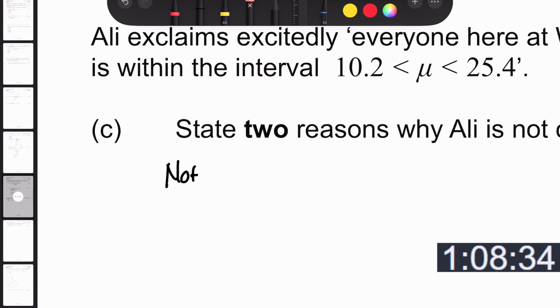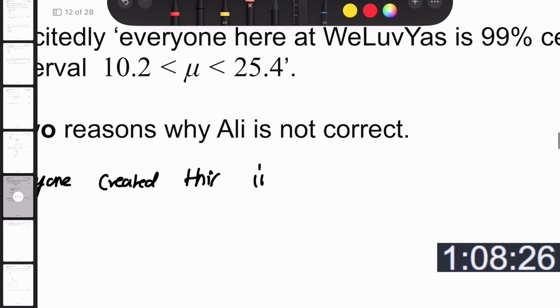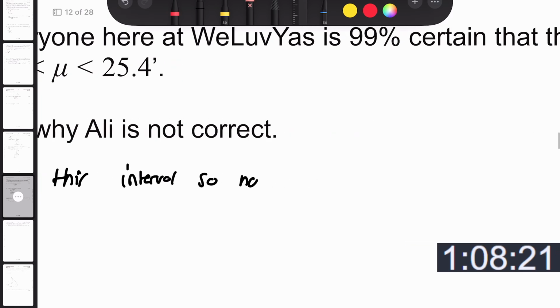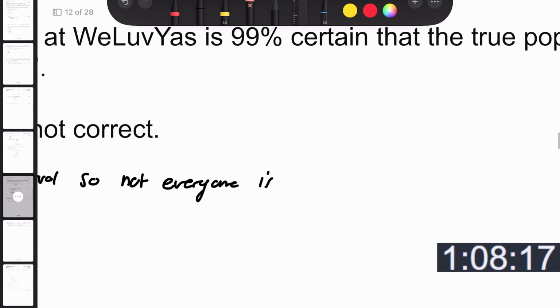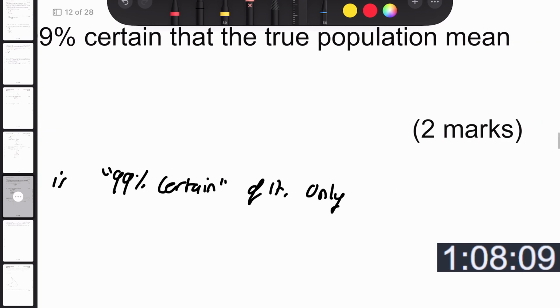Not everyone is certain. So not everyone created this interval, so not everyone is 99% certain. Only the people that made the interval are.